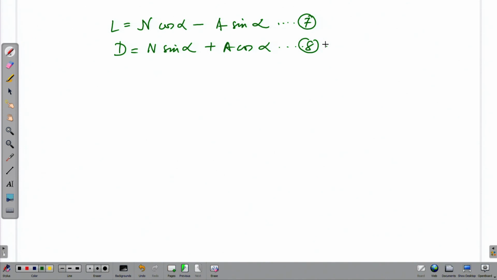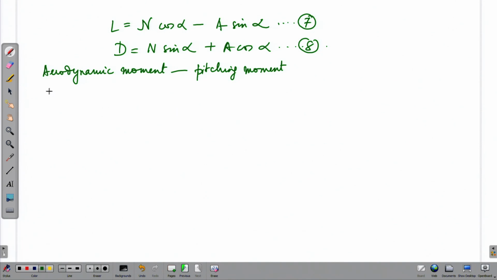Now comes the issue of aerodynamic moment. The one that we are discussing over here happens to be pitching moment. There are another two types of moments which we will discuss later, which are called rolling and yawing moment.